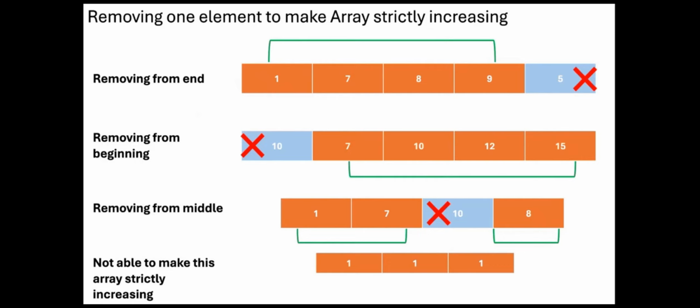So in this example, 1, 1, 1, if we remove any element, it will not become strictly increasing. Similar to the previous example, this is one more example where if we remove any element, you can see that it is not becoming strictly increasing, right?